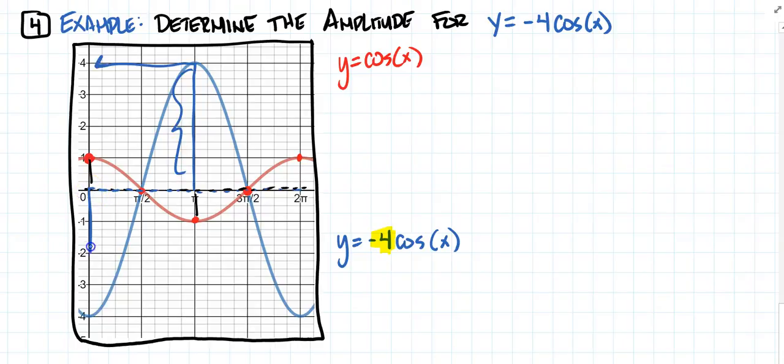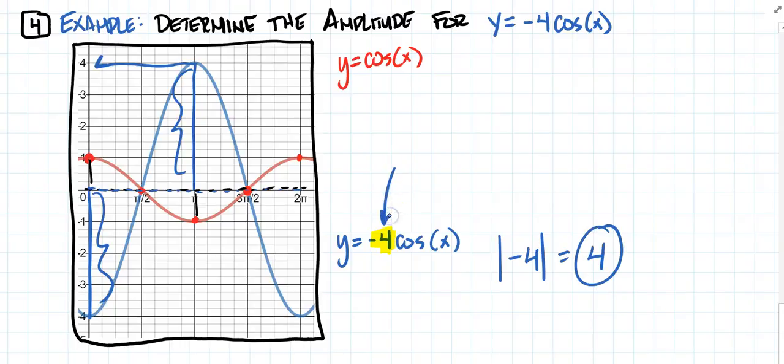Same thing from the midline all the way down to the lowest point. This is also a distance of 4. So the amplitude in this case is going to be the absolute value of negative 4, which is just 4. So that's all amplitude does, and it is characterized by the number out in front before the trig function itself.